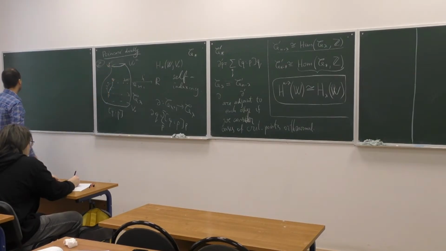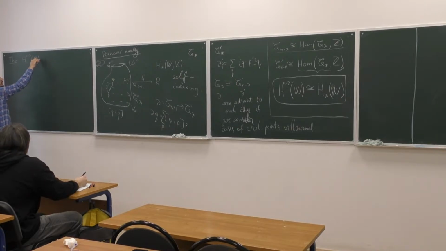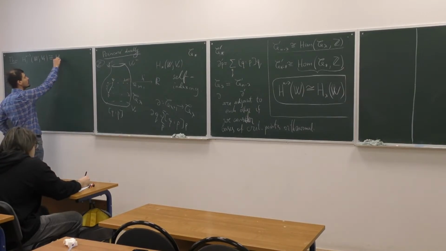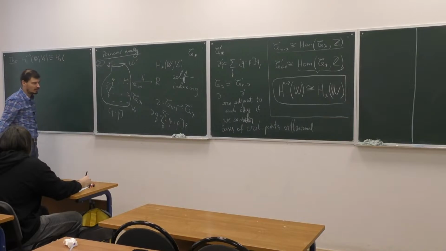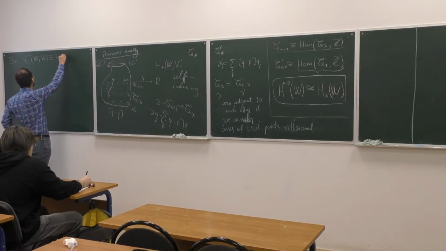And using completely the same argument, we arrive at the following theorem: cohomology of dimension n minus lambda of the pair W, V1 is isomorphic to homology of dimension lambda of W, V0.